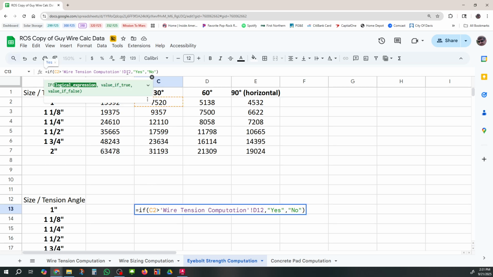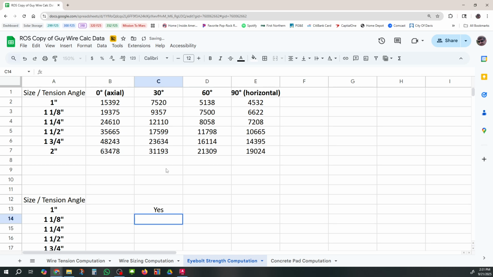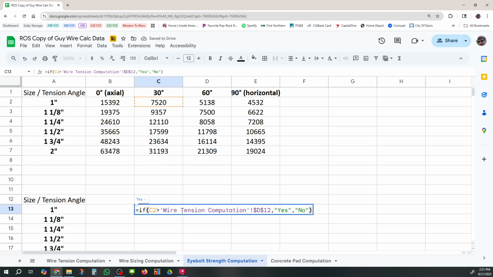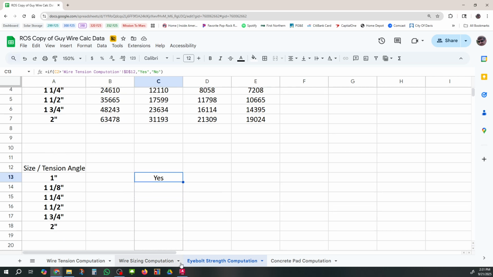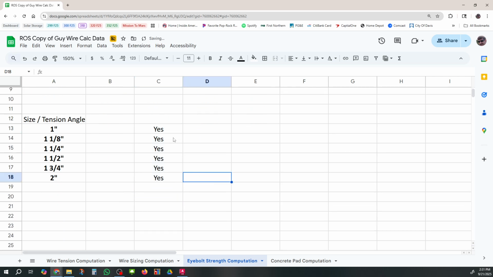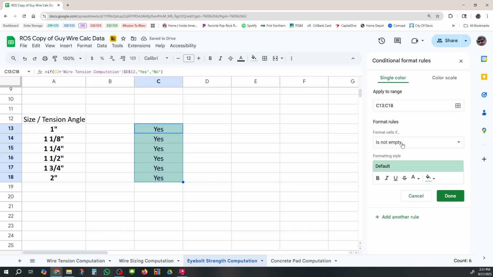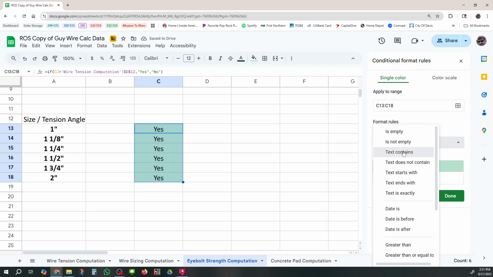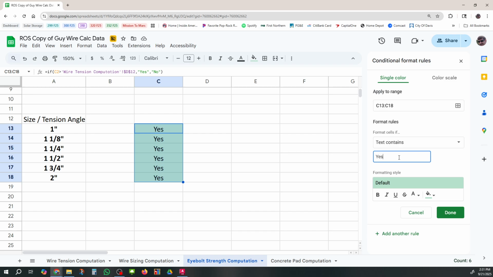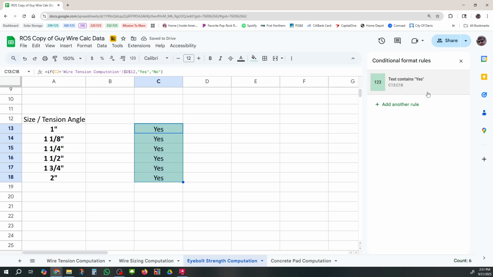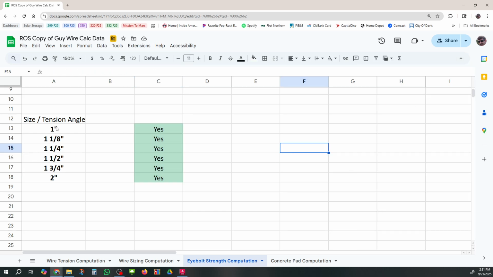I have to lock that down with the dollar sign, so it always goes back to exactly that one. And again, I can say conditional, if this box contains the word yes, then make it green. And so I can use a 1-inch eye bolt.